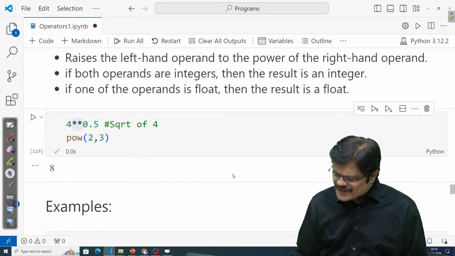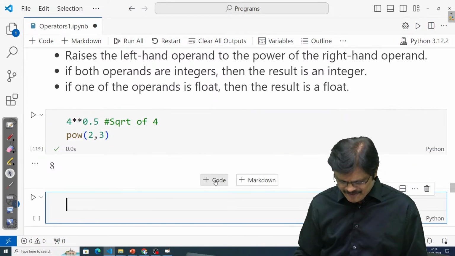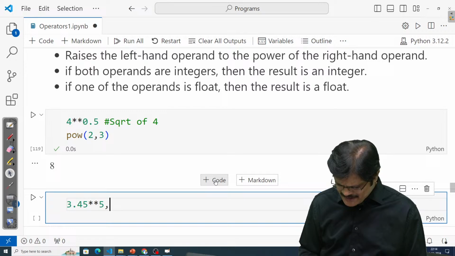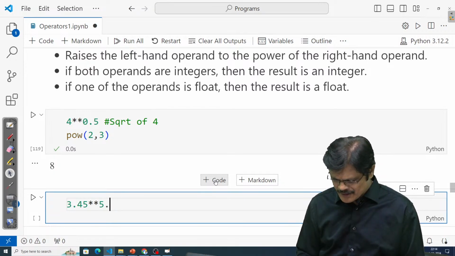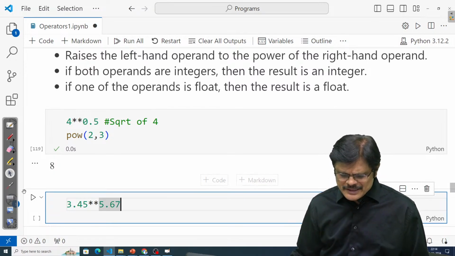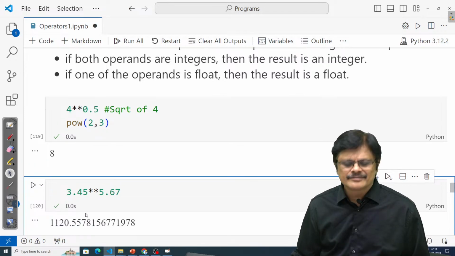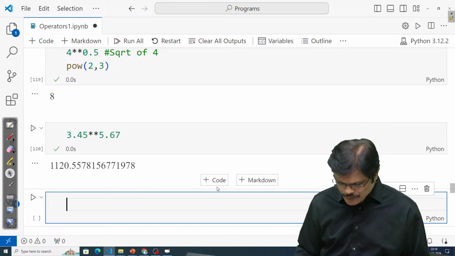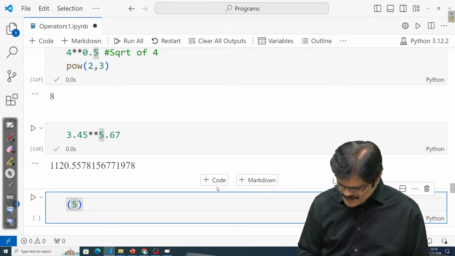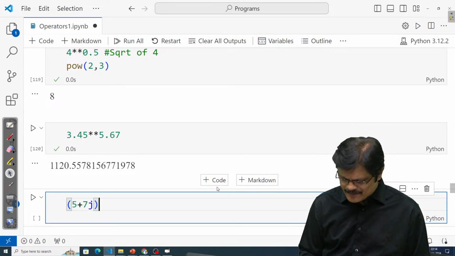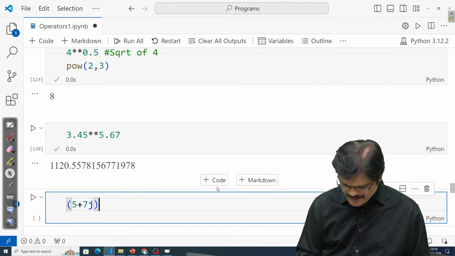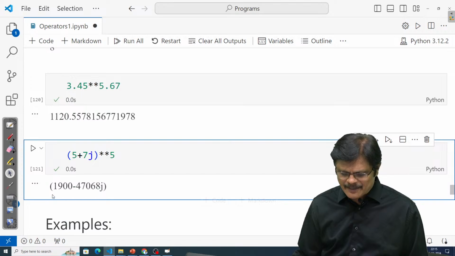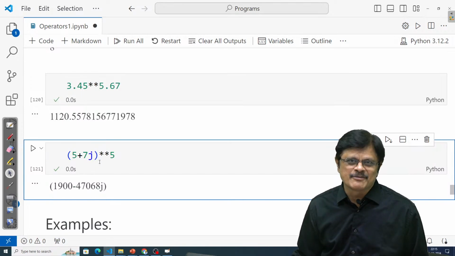So here, let us try some examples for this exponentiation, my dear friends. 3.45 power 5.67. So you can use it like a beautiful calculator. And as I told you, you can also work with complex numbers. That is 5 plus 7j multiplied with itself 5 times.